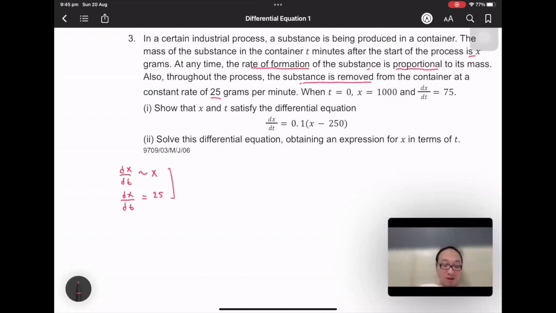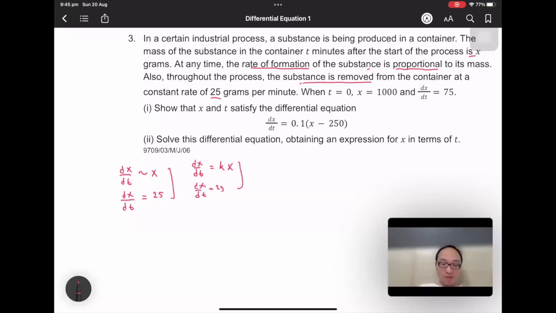And we have to combine these two. I can change the first one into an equation by multiplying by a constant to change the proportionality into an equation. So k times x, and the removal is 25.